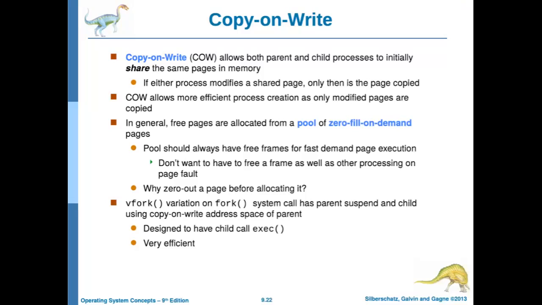Okay, and based on that, there is another variation of fork, called vfork, in which what happens is it will suspend the parent and the child makes use of copy on write. This is especially designed for use with exec in the child process.